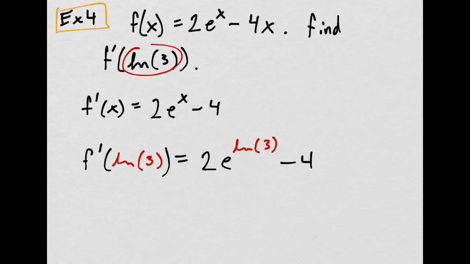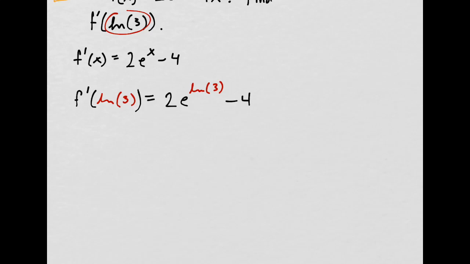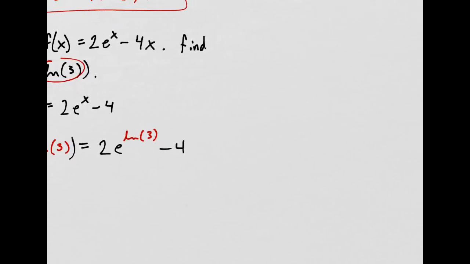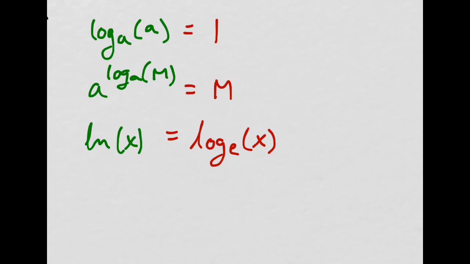Alright, so properties of logarithms. Maybe I should review this real quick. This is a quick review of logarithms. First of all, you can think of it like this. Log with some kind of base: if you plug in that same base, you get 1.